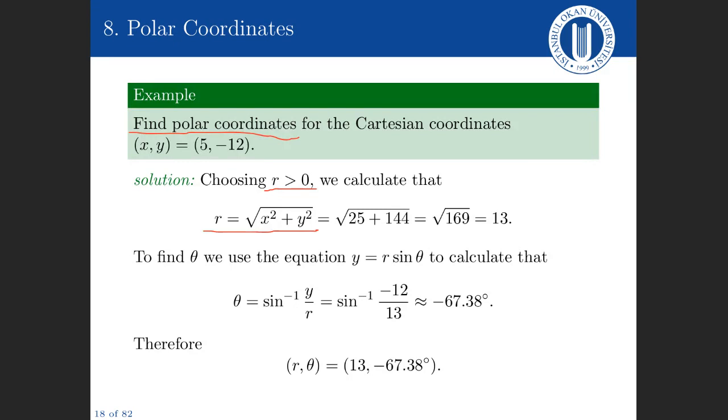I'm starting with the formula r squared is equal to x squared plus y squared. Or to say it another way, r is plus the square root of x squared plus y squared. And when we calculate this, we find that r is equal to 13.